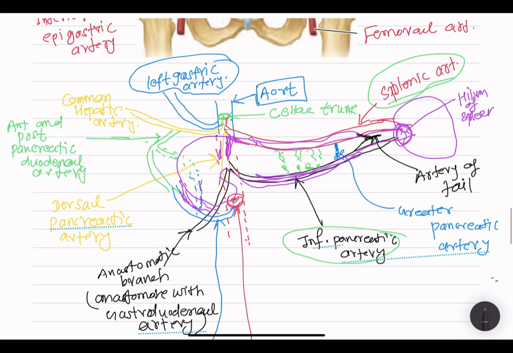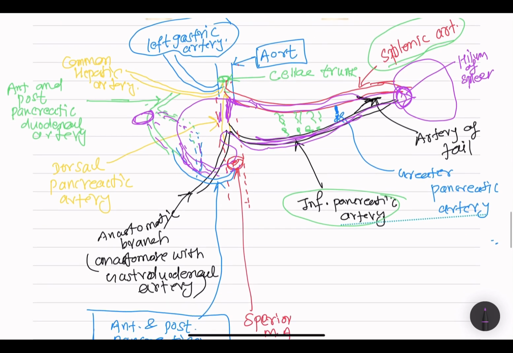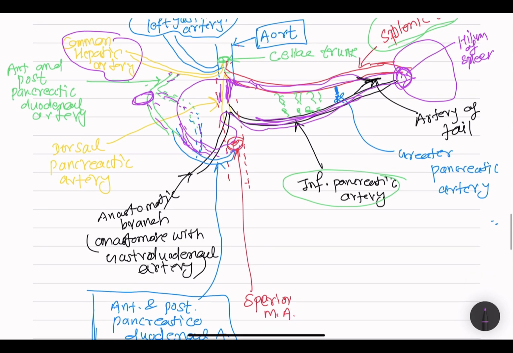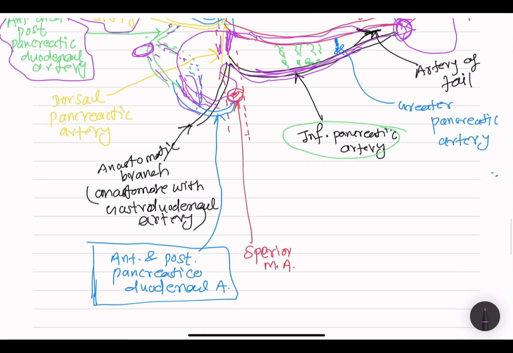This branch also supplies the anterior and posterior part of the pancreas.